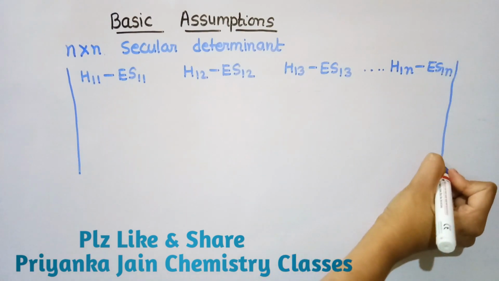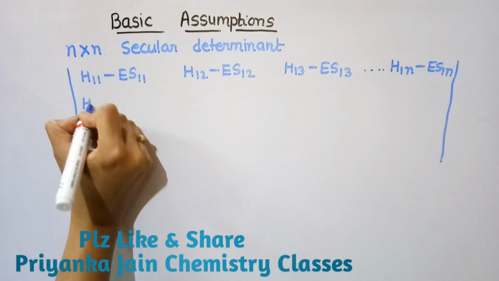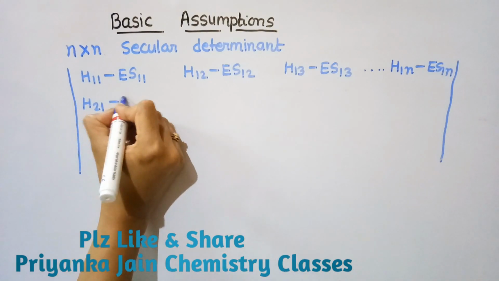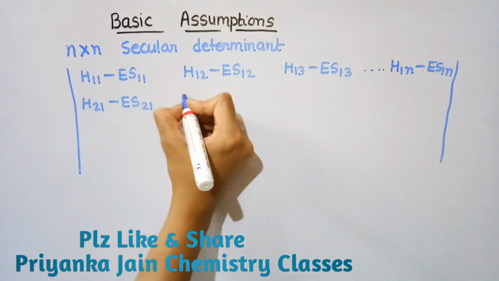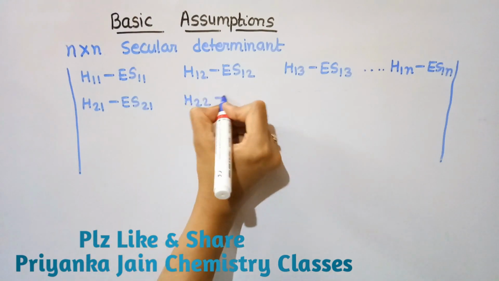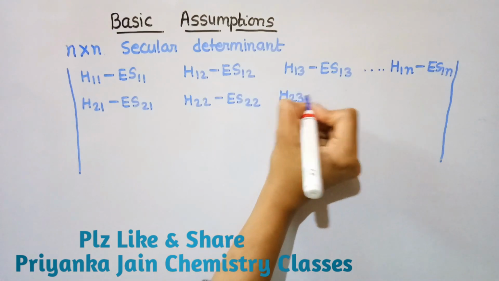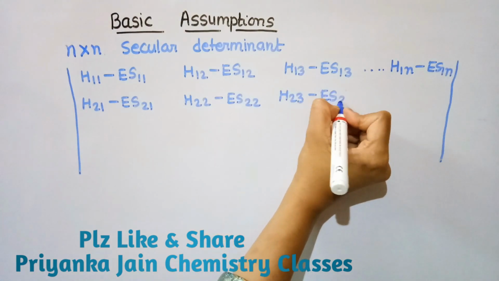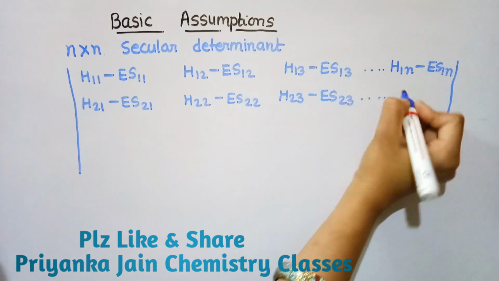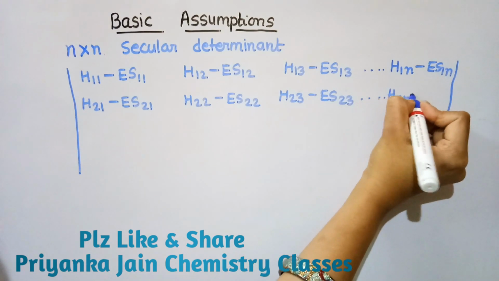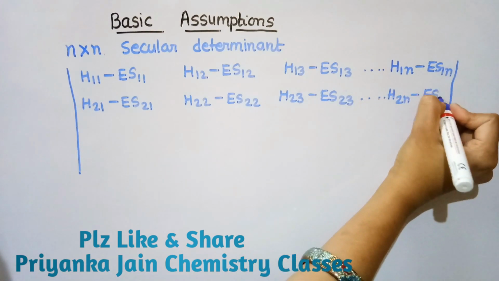Then again we have to write down here H21 minus ES21, H22 minus ES22, then H23 minus ES23 in this manner till the n numbers, that means H2n minus ES2n.